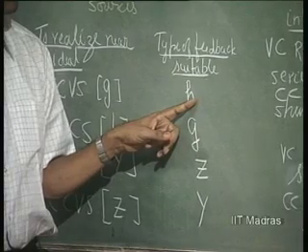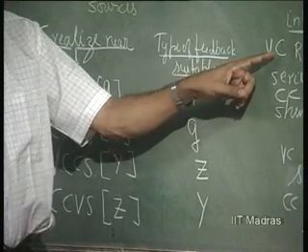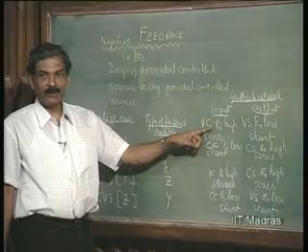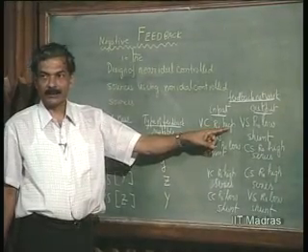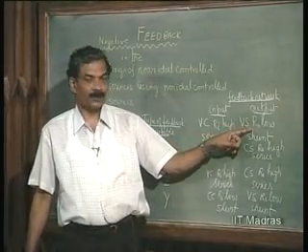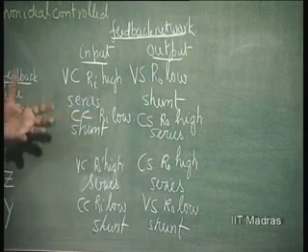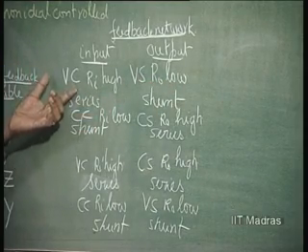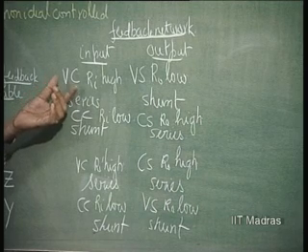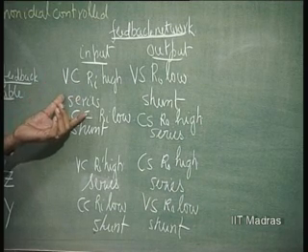Now, how is it H feedback? Voltage controlled means input impedance is high. Voltage source means output impedance should be low. When you bring another network, the only way you can boost up the input impedance is to bring it in series.